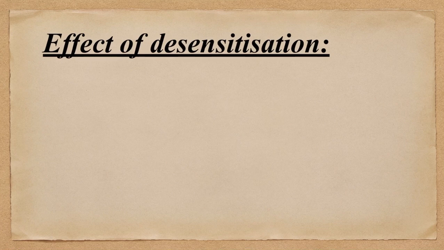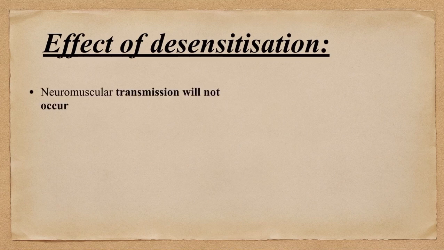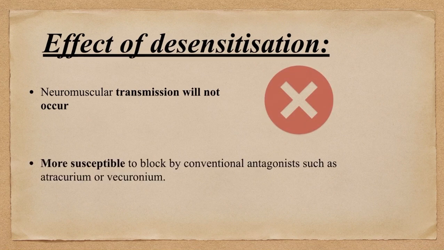So what can happen because of desensitization? If many receptors are desensitized, then insufficient normal ones are left to depolarize the motor end plate, and hence neuromuscular transmission will not occur. The system will be more susceptible to block by conventional antagonists such as atracurium or vecuronium.